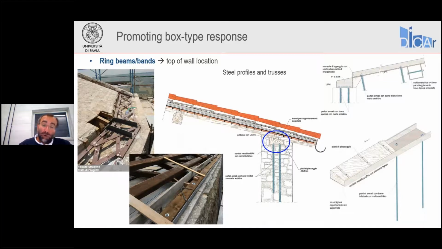Again, it is important to connect the ring beam to the existing masonry through dowels. Again, these dowels must be deep enough to anchor the ring beam effectively to the masonry. And as before, if the masonry is of poor quality, we may need to locally strengthen it with appropriate methods.